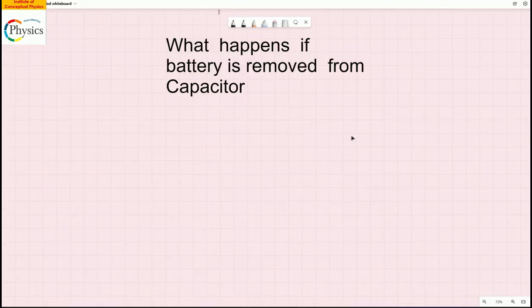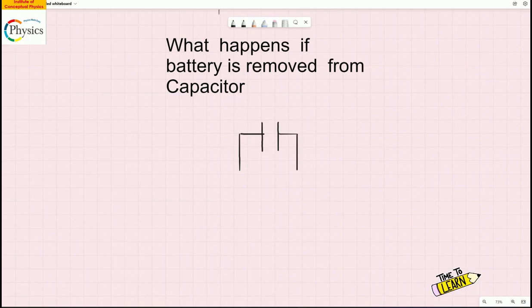All right, so the question is, what happens if the battery is removed from the capacitor? It's a good question to attempt. So what we do is we quickly draw a capacitor and we remove the battery from the capacitor. So the battery did charge the capacitor. So the actual question is, what happens to the charge once the battery is removed?